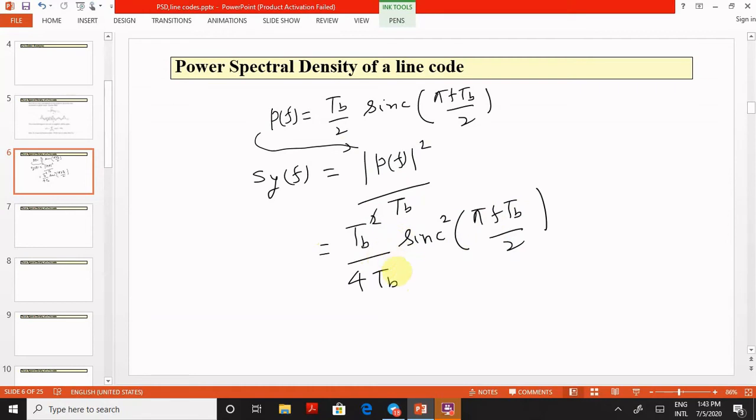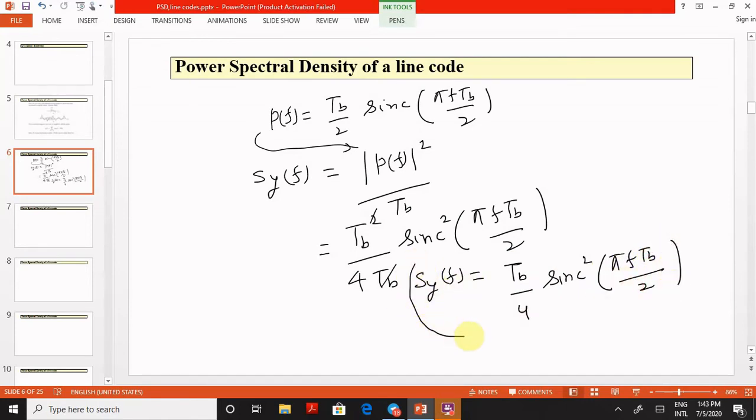And if this TB is cancelled out, then the power spectral density S_y(f) can be simply written as TB by 4 sinc square of pi f TB by 2, right? So this is the power spectral density of a polar line code, provided that the pulse shape is a half width rectangular pulse.